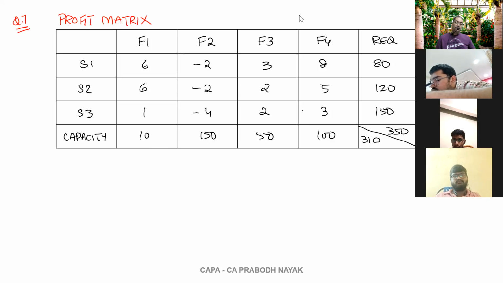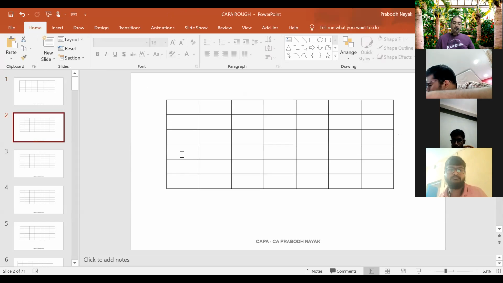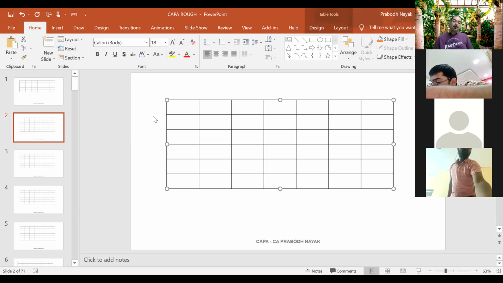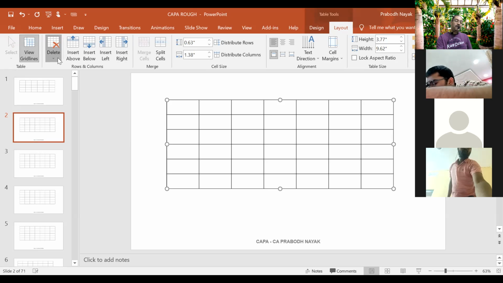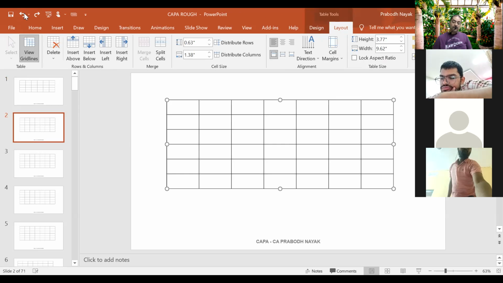Okay. So now, what will you do? You will add one more column 5, and we'll have a total of 7 columns. Okay. So let's do it.